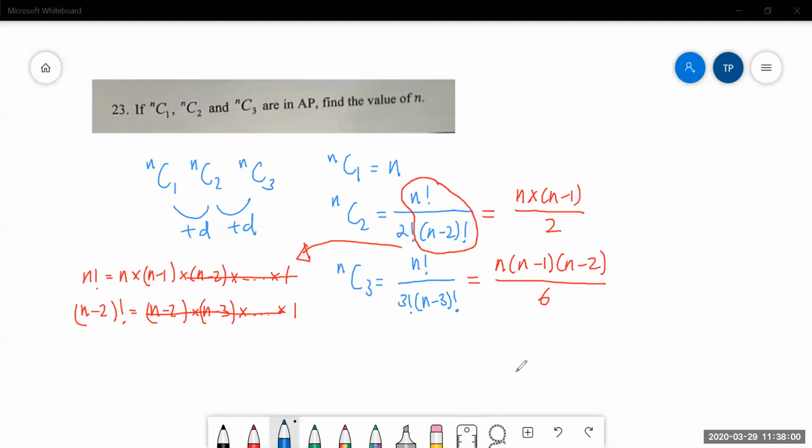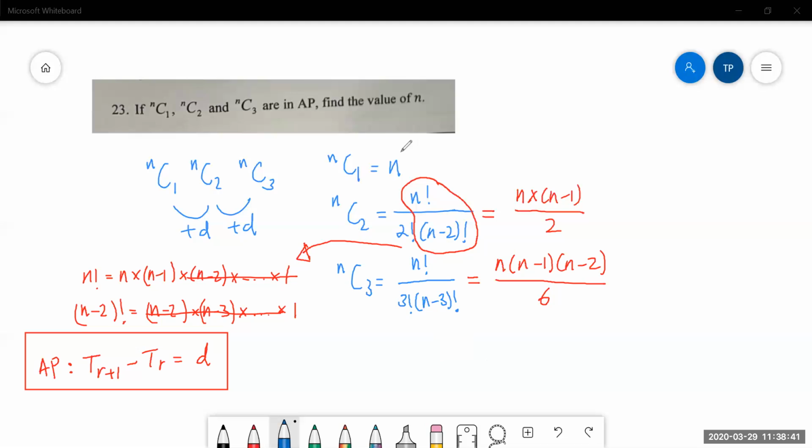Then from here, because we have a relationship, they are an AP, right? AP means that when I have T(r+1) minus T(r), we are going to get a d. This is what constitutes an AP, right? Make sense to you? But can't you just put n choose 2 minus n choose 1 equals d?